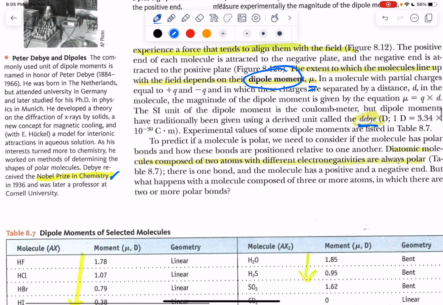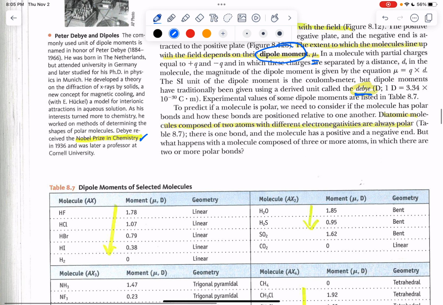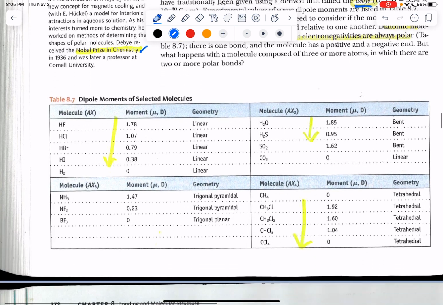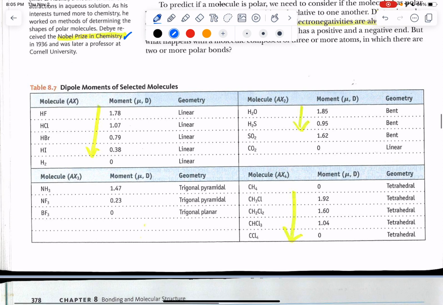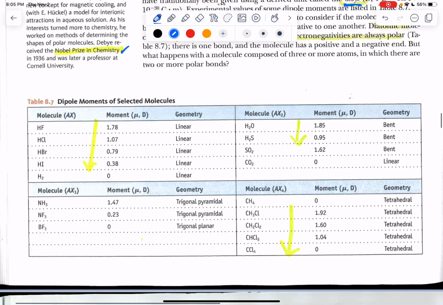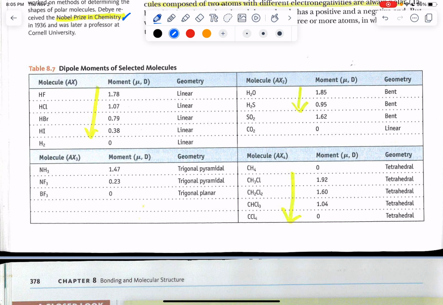In any case, when we use lots of different polar molecules and put them in lots of electrical fields and vary the voltage, we begin to create a way of determining how many debyes are in the dipole moment. Remember, di means two poles, positive and negative. Not only do we get the magnitude of that dipole, but now we can also begin to look for trends.